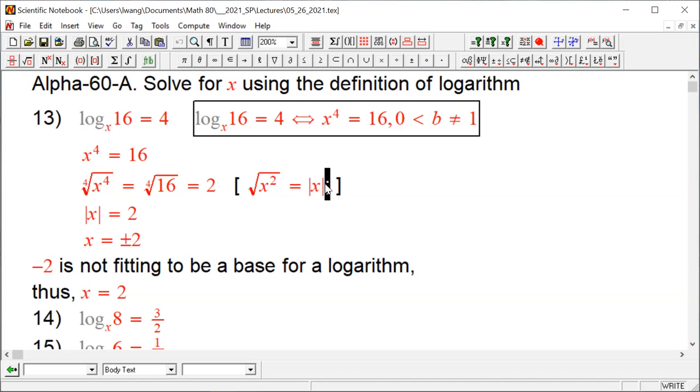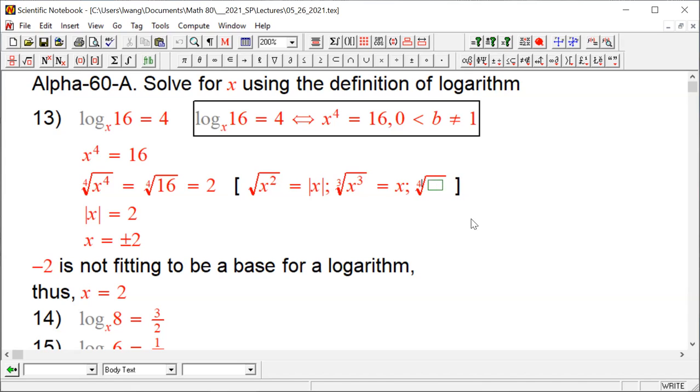Cubic root of x to the power 3 just equals to x. Now, how about the fourth root?